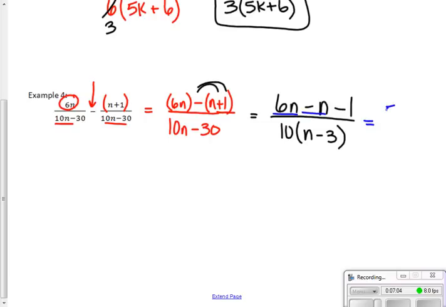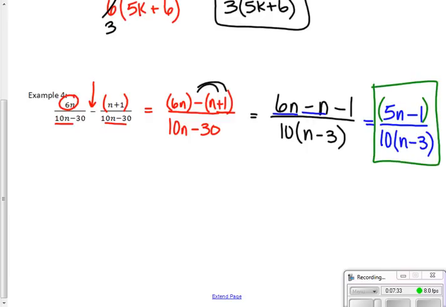I would have 5n minus 1 all over 10 parentheses n minus 3. So actually, looking at this problem, that binomial on the top, 5n minus 1, remember it's a binomial, you're not able to factor anything out of that. So really, I cannot reduce this anymore. This would be my answer here for example number 4.